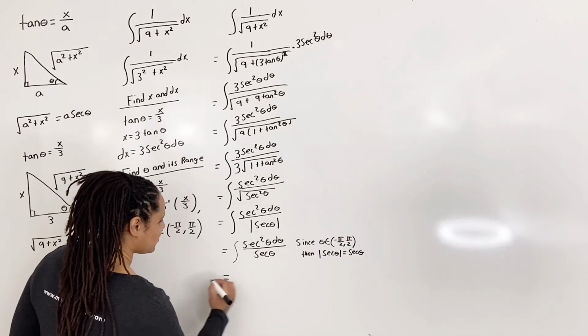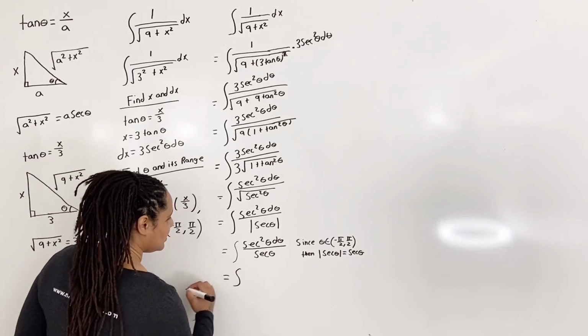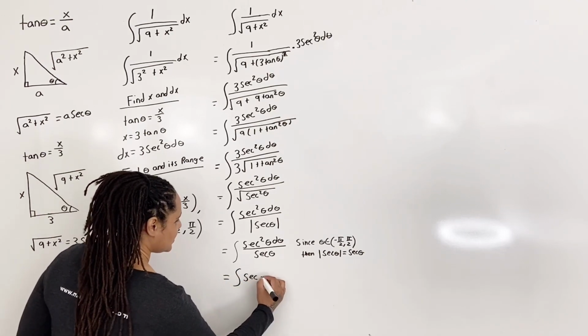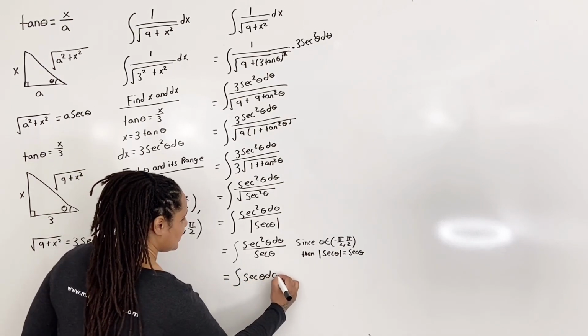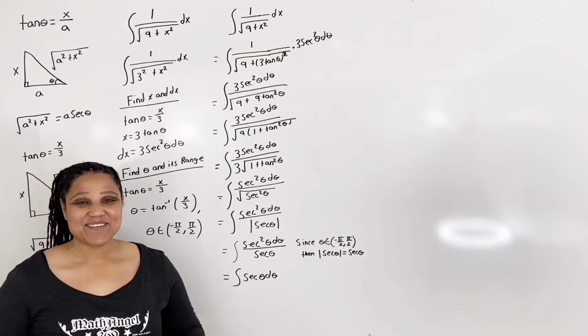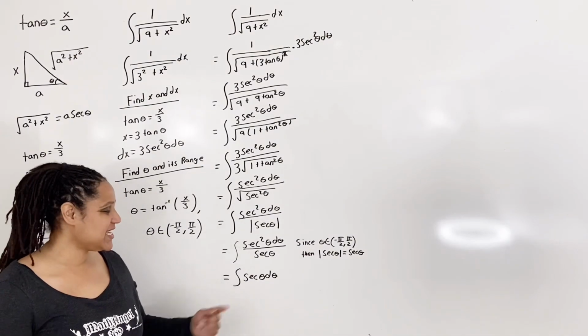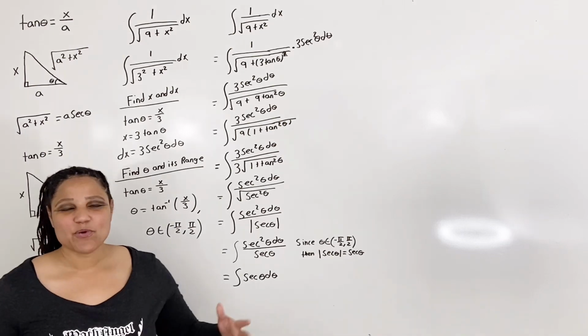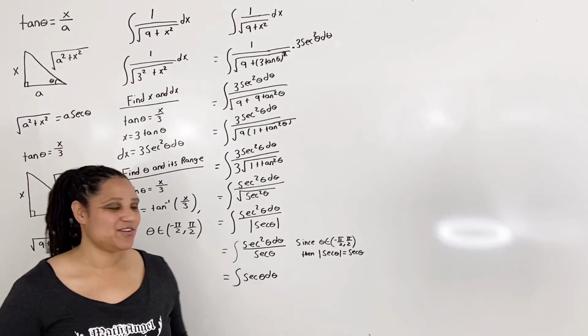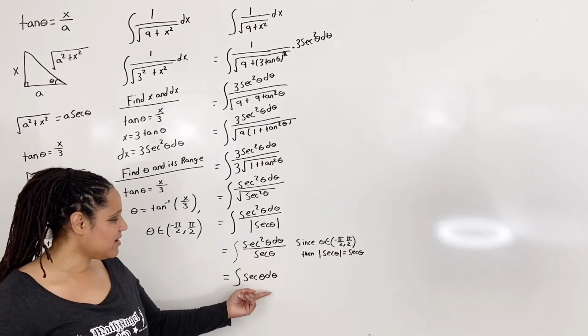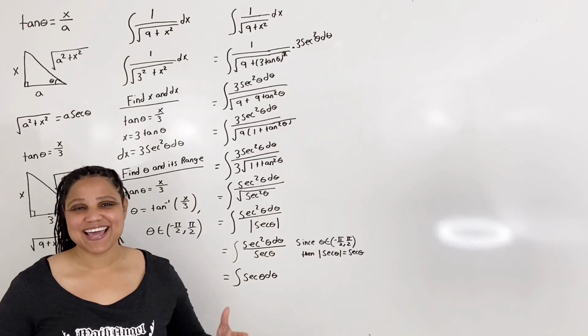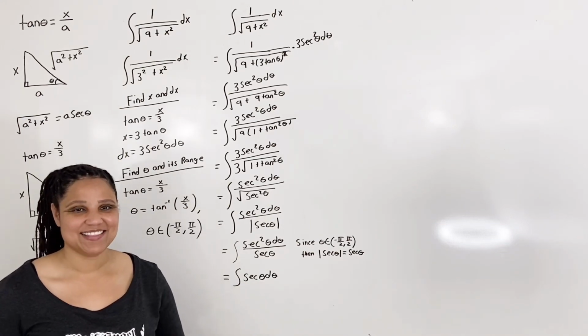So this is going to give me the integral of secant theta d theta. Now I need to apply a little trick to finish integrating this problem. What I'm going to do is multiply the numerator and the denominator of this integrand by tan theta plus secant theta.